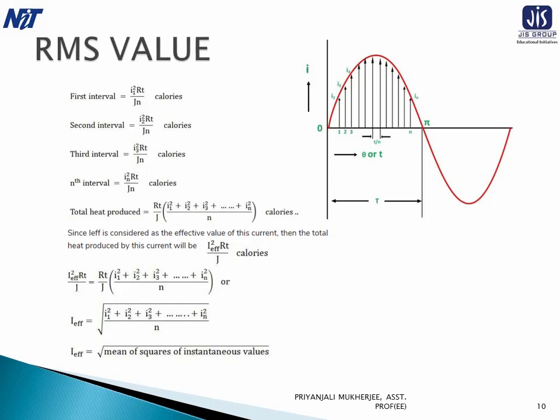Now if we consider I effective, then the heat produced by the current in time T is I effective square into RT divided by J. Or you can write I effective equal to the square root of I1 square plus I2 square plus I3 square up to In square, whole divided by n. This is known as the mean of the squares of the instantaneous values, or the IRMS.